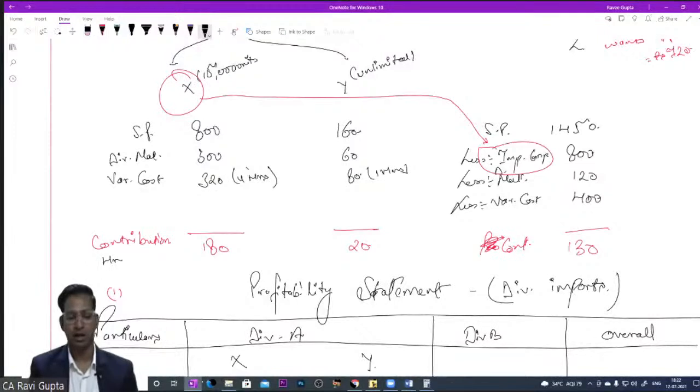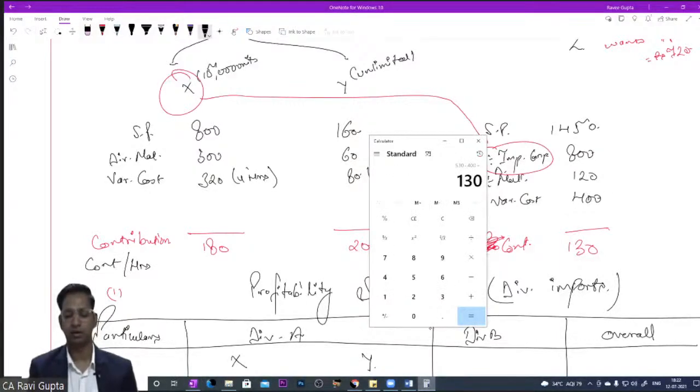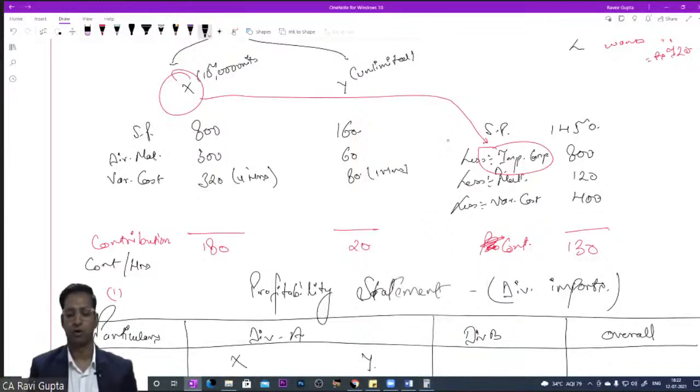So for contribution per hour, it will be 180 divided by 4, 45, and this will be 20. So according to ranking, this is first and this one is second.